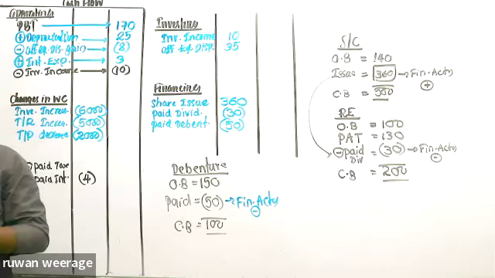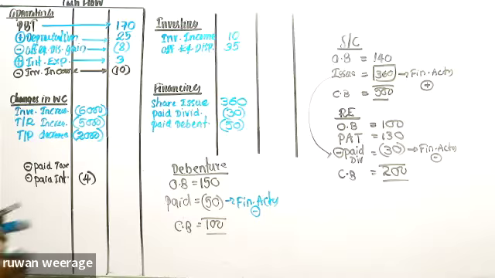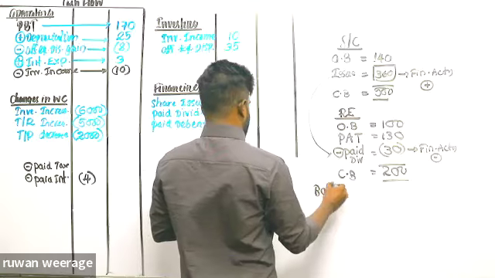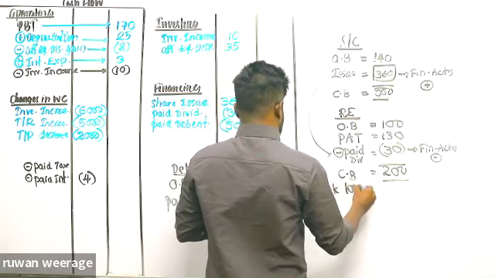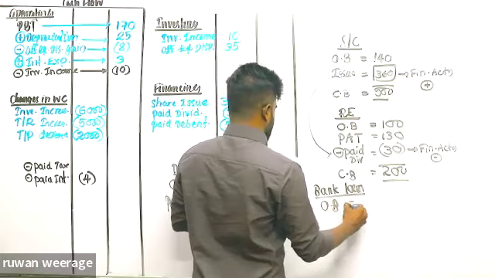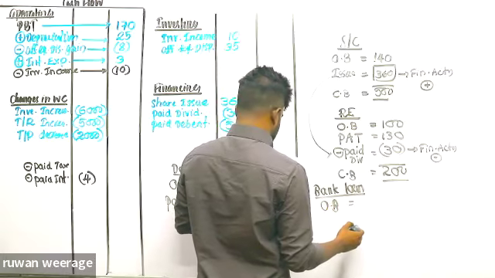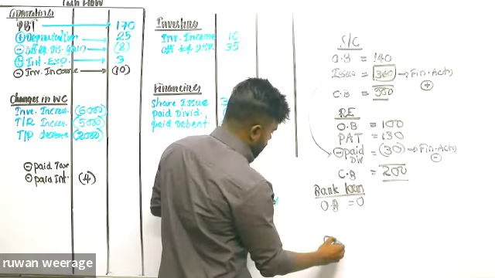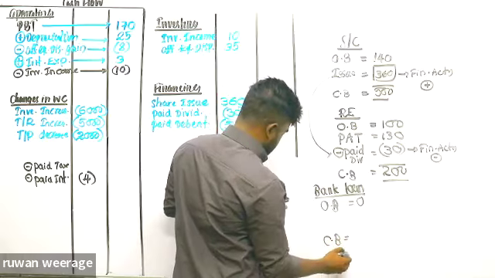Okay. Then bank loans. Opening balance 0. Closing balance 150.